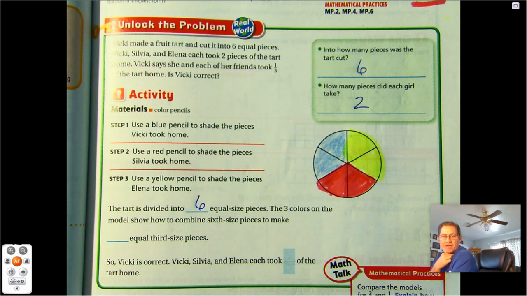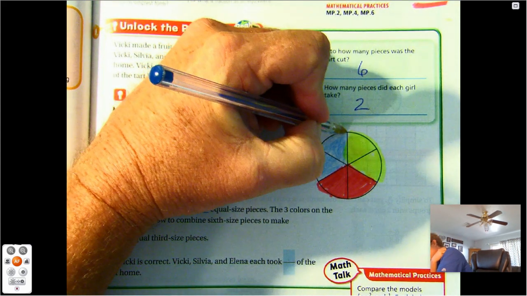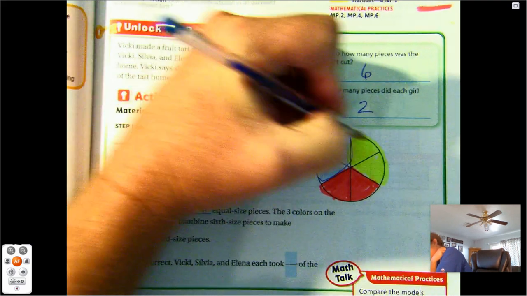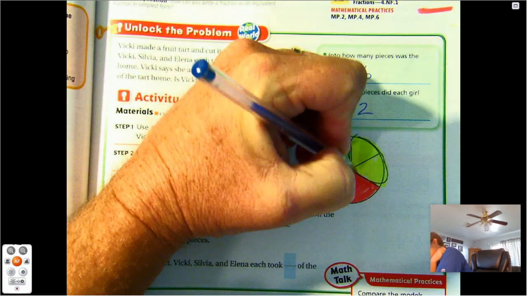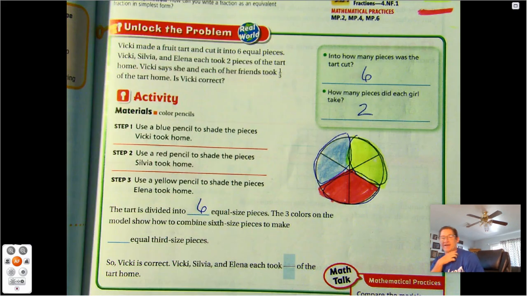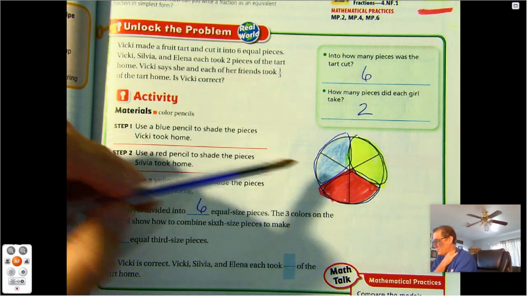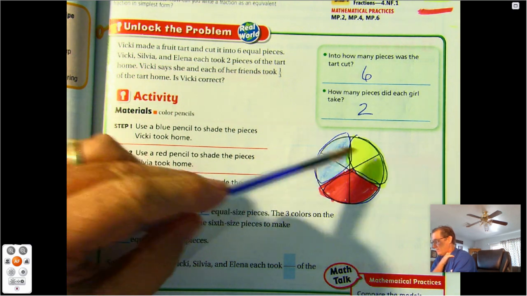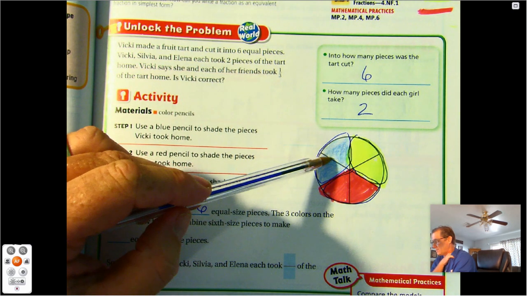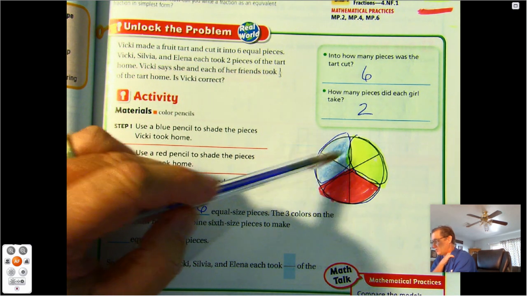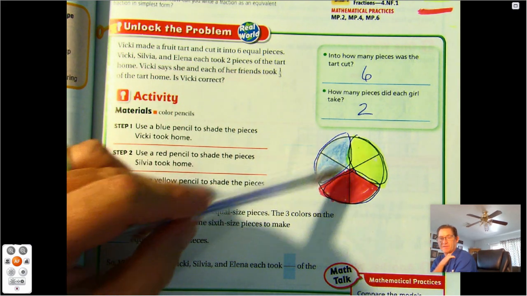The 3 colors on the model show how to combine 6 sized pieces to make how many equal third size pieces. So here we notice that we have 1, 2, 3. So the 3 girls took home an equal amount. And so if we just look at the 2 colored pieces for each girl, we notice that it's 3 different colors.